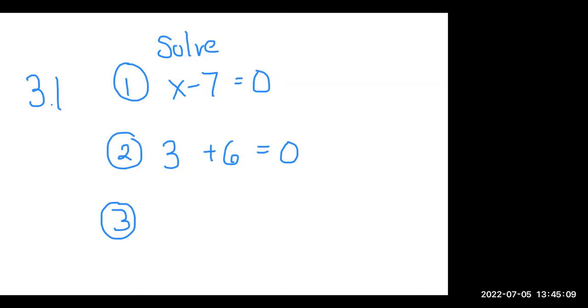Let's switch up the variables right away. And then how about 4v over 5 equals 20. So those, for most people, are harder, for sure.